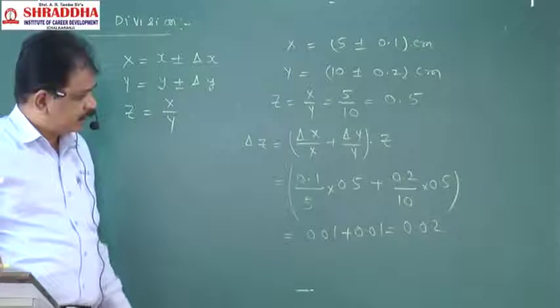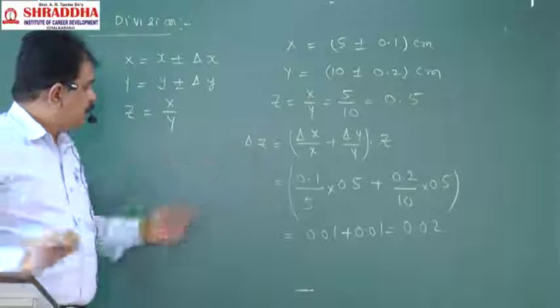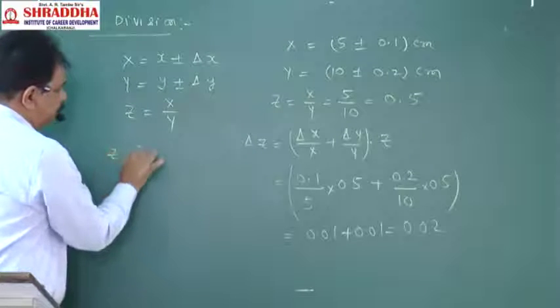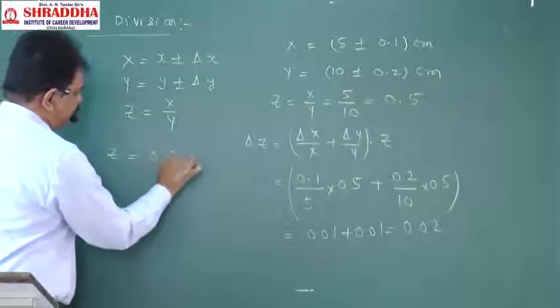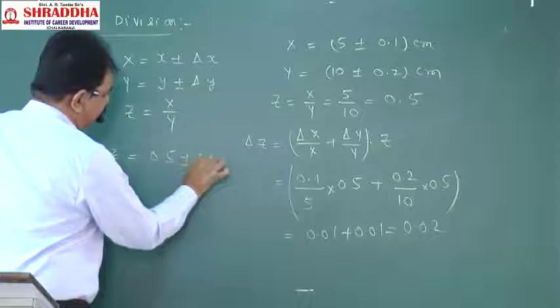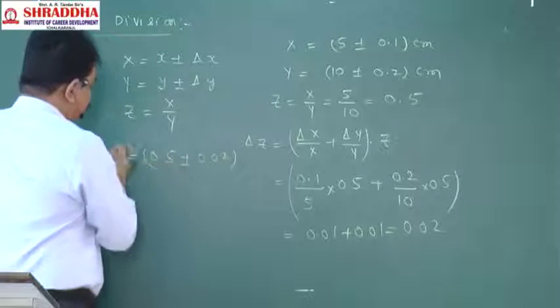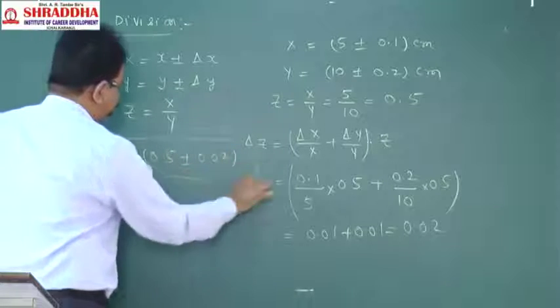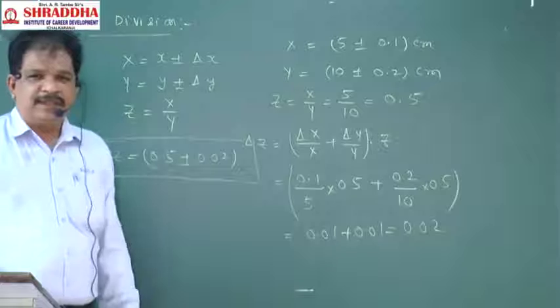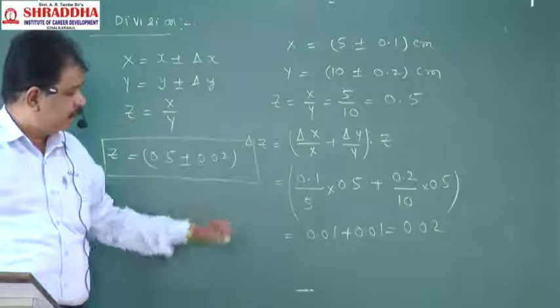Then z is equal to 0.5 plus or minus 0.02. That is the value of Z.